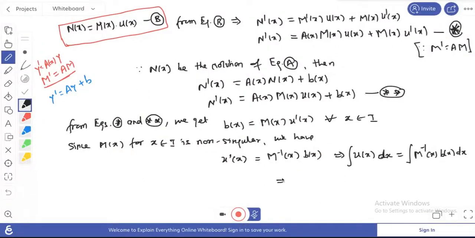So here you can find the value of Ux. Ux is equal to the integral of that. Here this is U prime, so the integral of this is simply Ux.